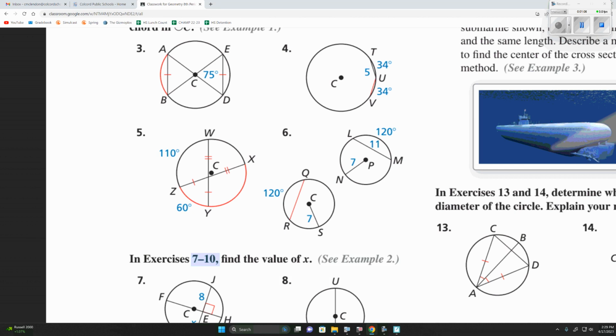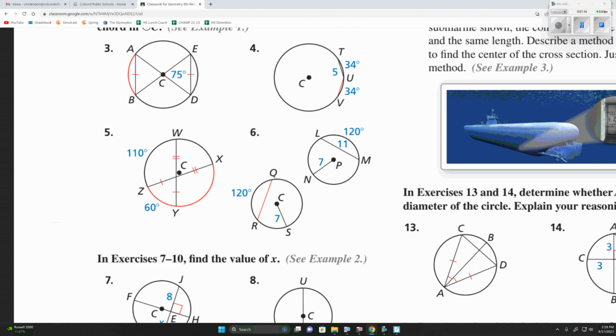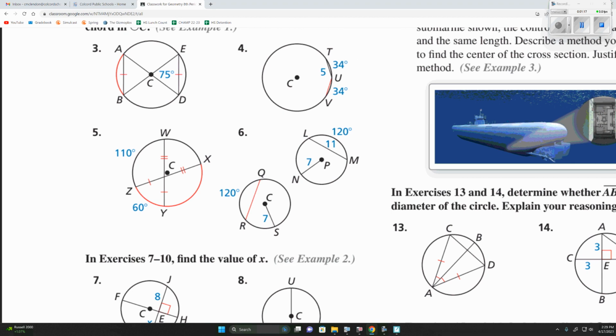So we do have this here. If you want to use this to go and select the red arcs, you can. This will also be in the video for 10-4.